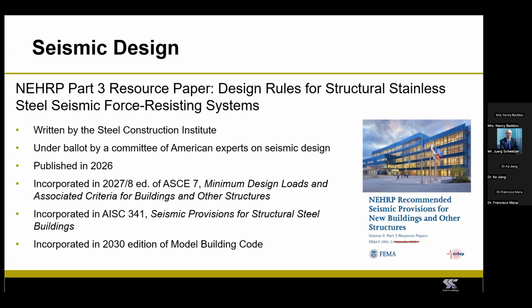Because of this, if we want to extend the carbon steel rules in the American code to cover stainless steel, this would be something that needs to be discussed and thought about carefully. In the next few slides, I'm going to explain very briefly some of the content of the paper we wrote.